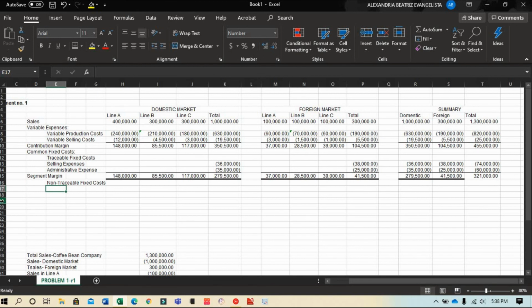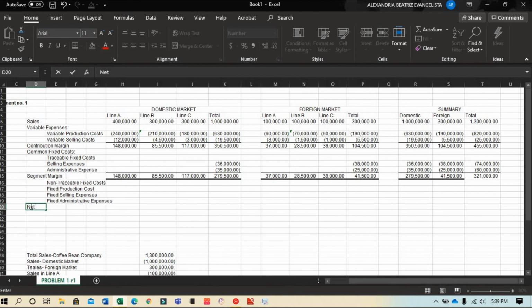So the non-traceable fixed cost for coffee bean are as follows: the fixed production cost, the fixed selling expenses, and fixed administrative, and then we're going to get the net operating income.